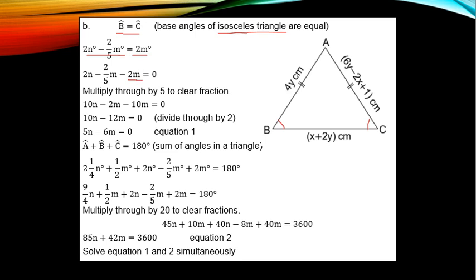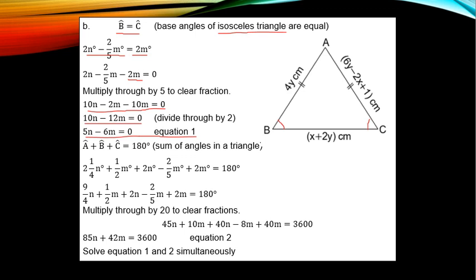To do that, multiply through by 5, and you have 2n minus 2m minus 10m equal to 0. So if you add, you have 10m minus 12m equal to 0. You can divide through by 2. You have 5n minus 6m equal to 0, equation 1.